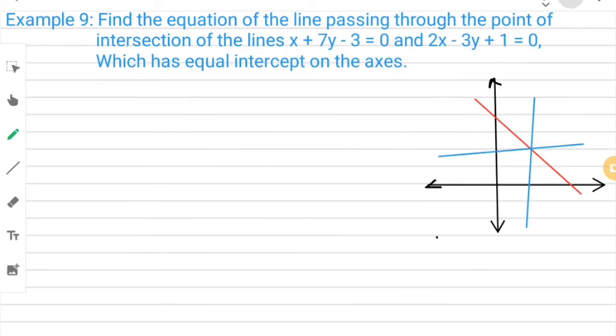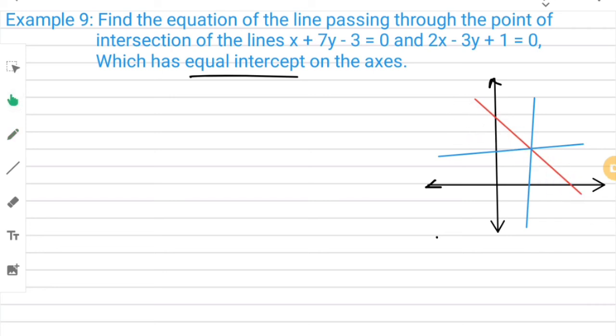And the last question is, find the equation of the line passing through the point of intersection of the lines x plus 7y minus 3 is equal to 0 and 2x minus 3y plus 1 is equal to 0, which has equal intercepts on the axes. That is, we are going to find the equation of this red color line.